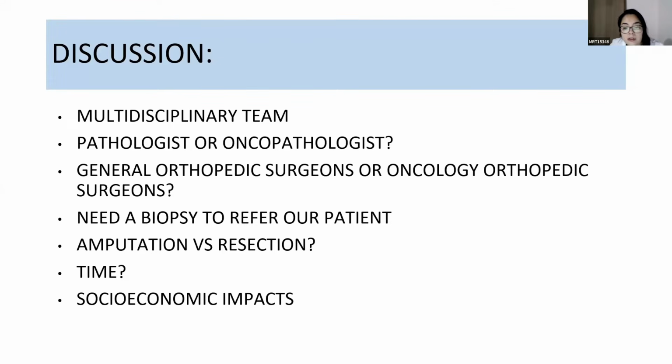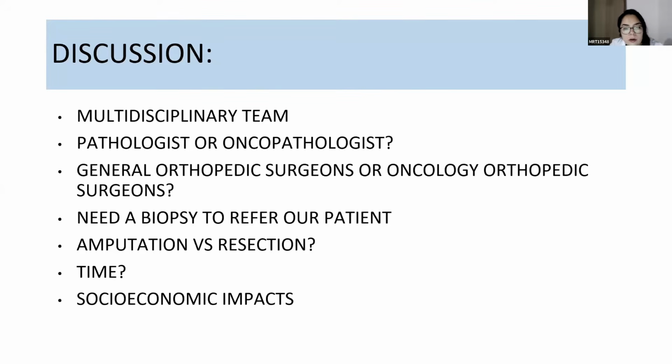The other thing to discuss was our pathologists. In these cases, it's really important to have an expert pathologist in sarcomas so we can have an opportune diagnosis and treatment. Also, deciding on an incisional biopsy implies that an orthopedic surgeon will perform the final surgery for this patient.